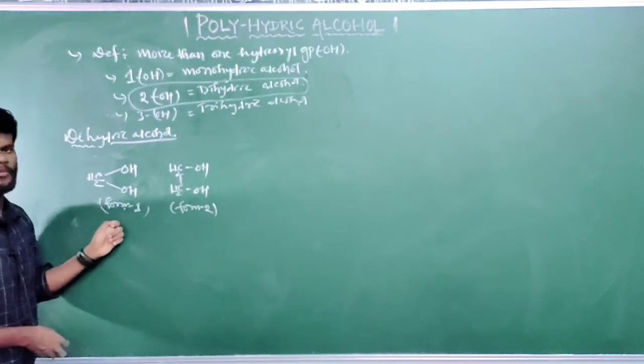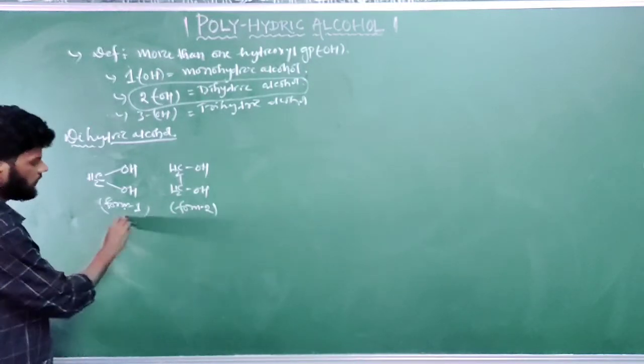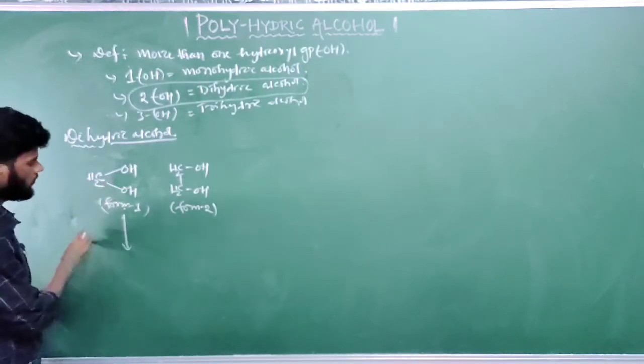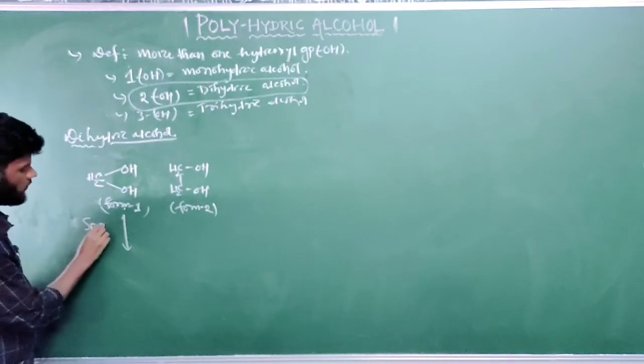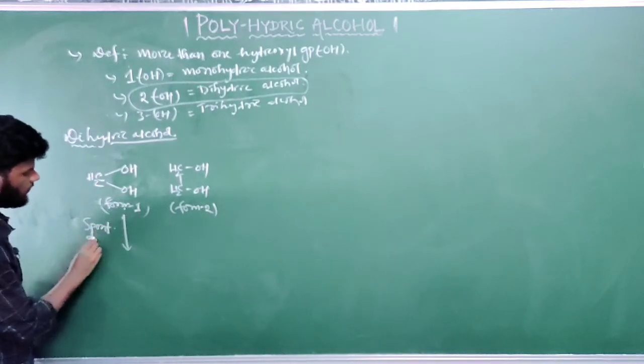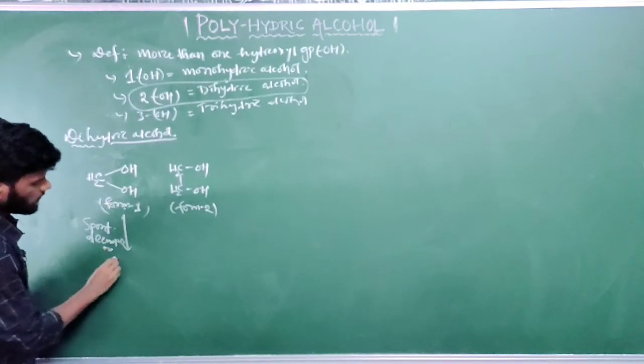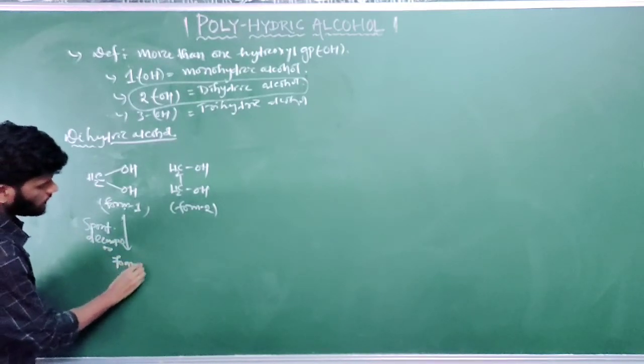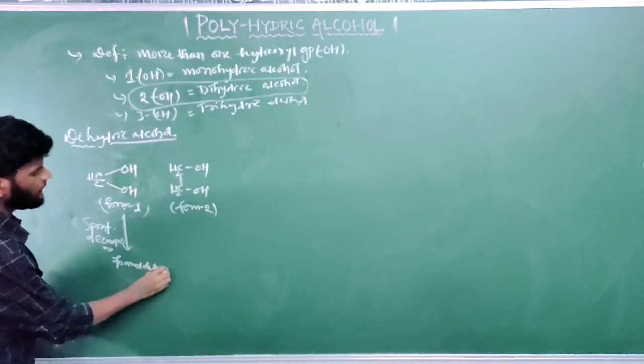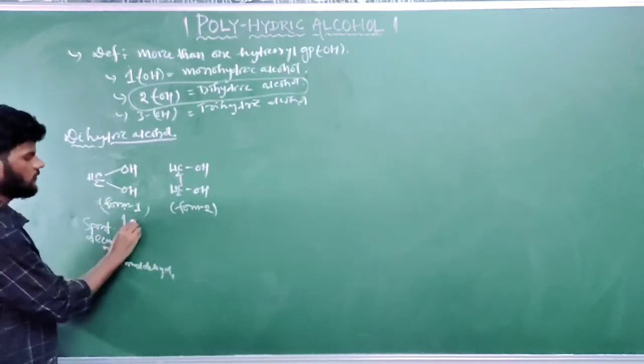So look at form number 1. Form number 1 will spontaneously decompose to formaldehyde, which is why this compound is not stable.